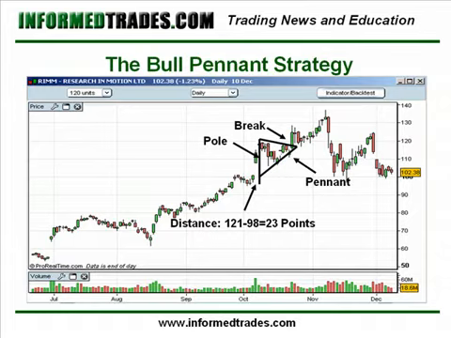We get 23 points on the move there, and so that is our target for the trade. The stop this time is placed just below the closest trough in the pennant pattern. That's what's considered the nearest support level, since you have the two converging trend lines. So an important distinction.